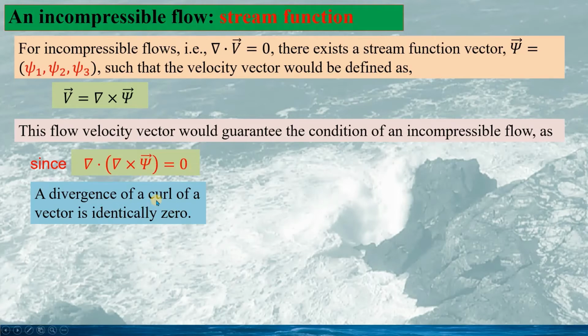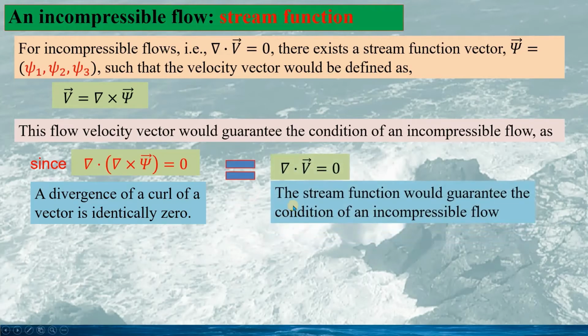This is guaranteed, since a divergence of a curl of a vector is identically 0. This is equivalent to the divergence of the velocity vector is 0. Thus, the stream function and the relevant velocity vector v would guarantee the condition of an incompressible flow.